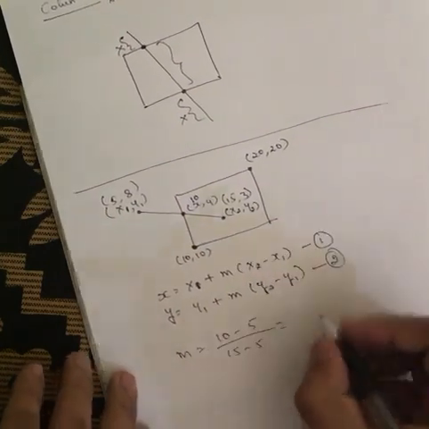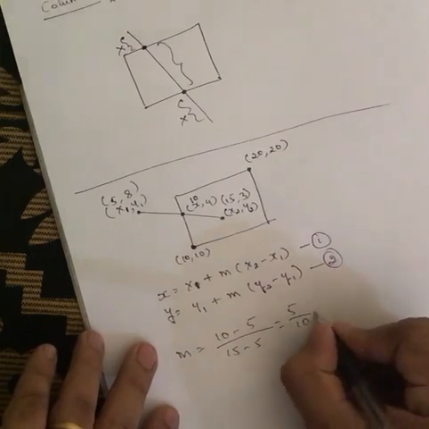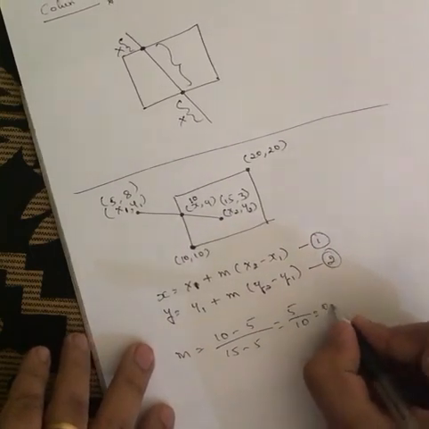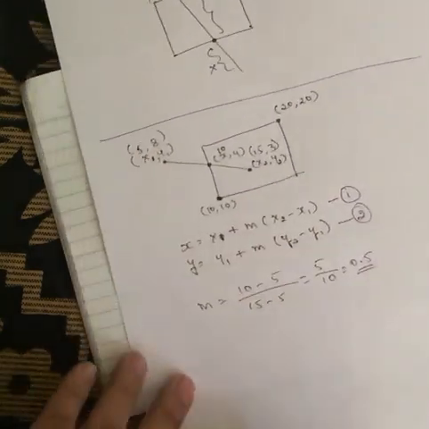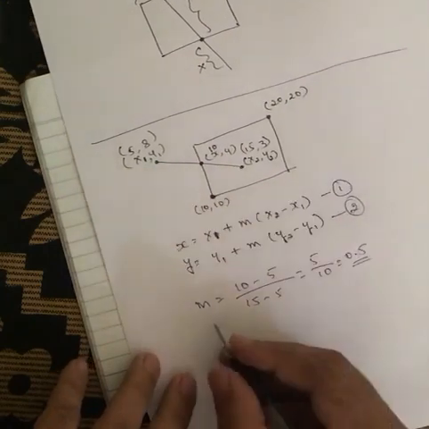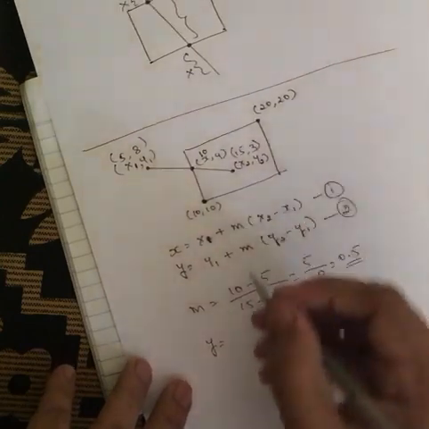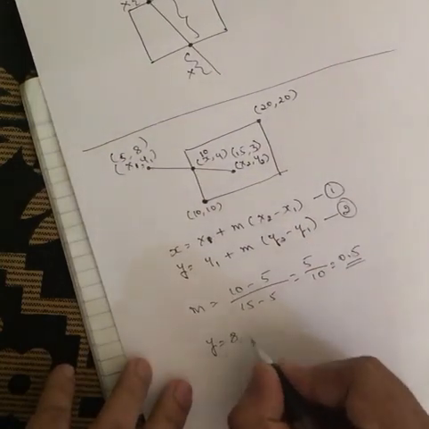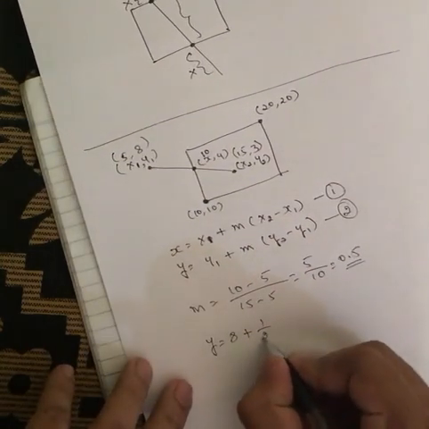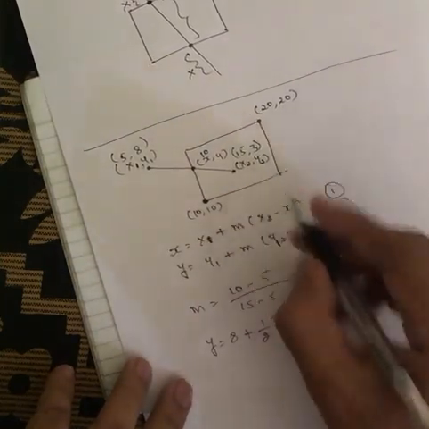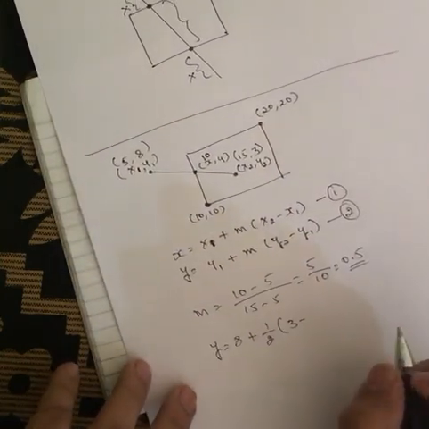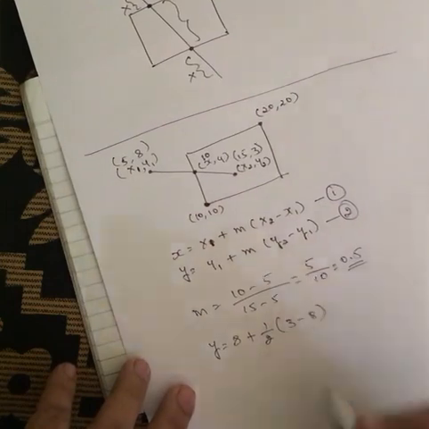So 10 minus 5 is 5, divided by 10, so you get 1 by 2, which is 0.5. That you apply in equation 2: y1 is 8 plus 1 by 2 into y2, which is 3 minus 8.